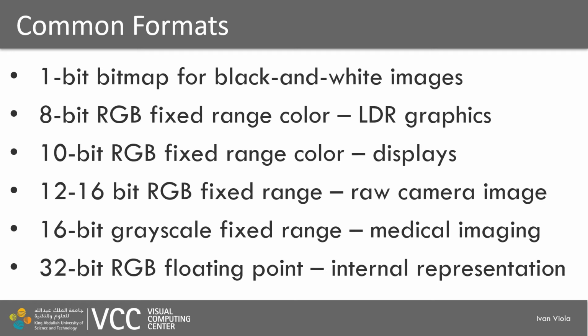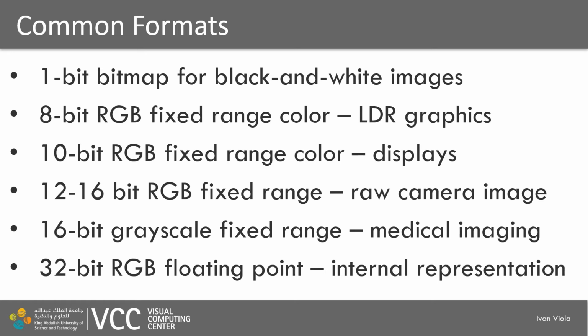For input imaging, we use even more resolution, bit depth, sorry, which might be even 12 to 16 bits. And then, if we want to create a final picture, like a JPEG, this range will be converted into low dynamic range graphics.